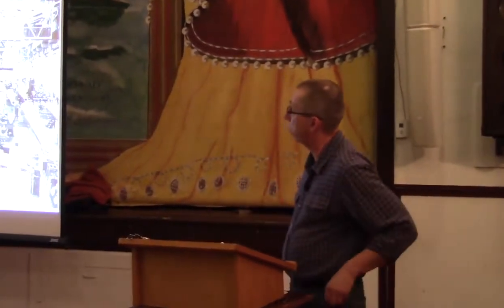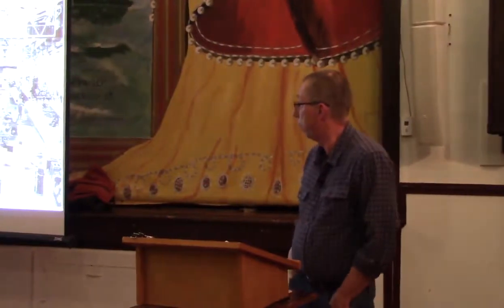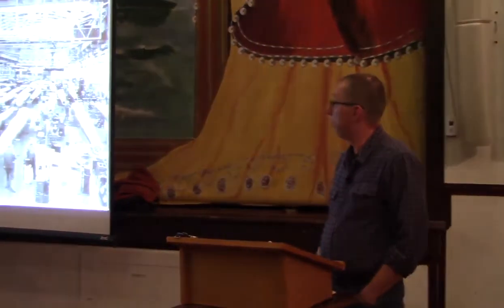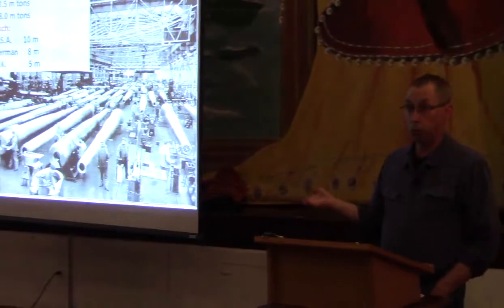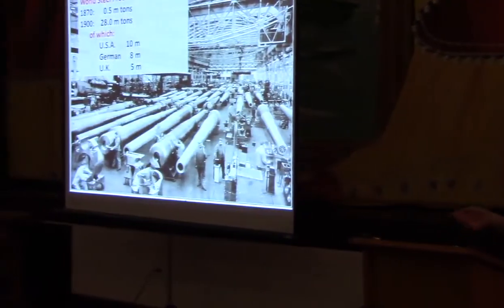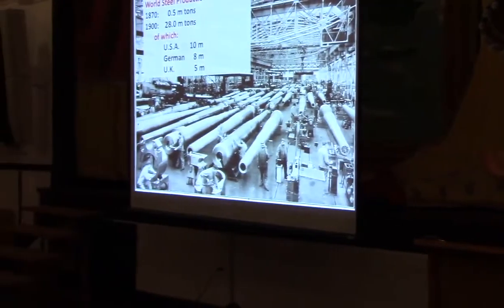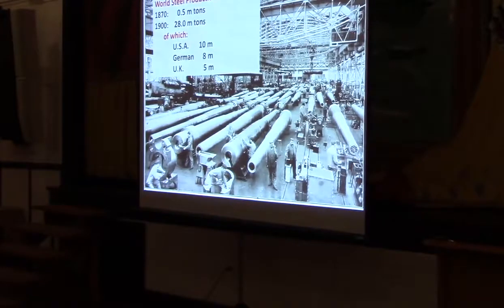So here are the steel production figures. In 1870, total world production of steel only around 500,000 tons. Still a lot of stuff being manufactured in iron, of course. By 1900, 28 million tons, so a huge increase in steel production. You can see by 1900 how that is distributed.